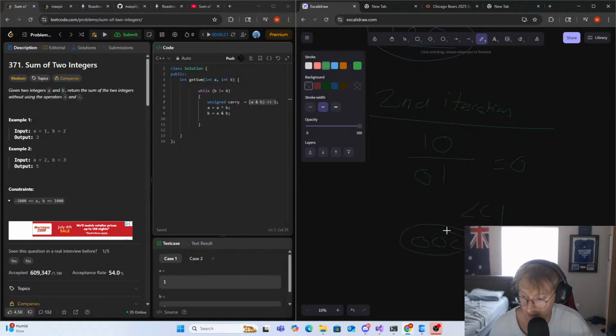So our AND would be 0. If we were to XOR 1, 0 and 0, 1, we would get 1, 1. And we keep going till B is equal to 0. So in this case here, B would be equal to 0.